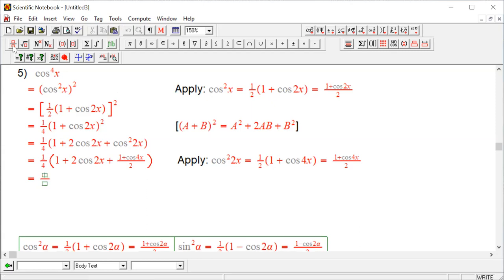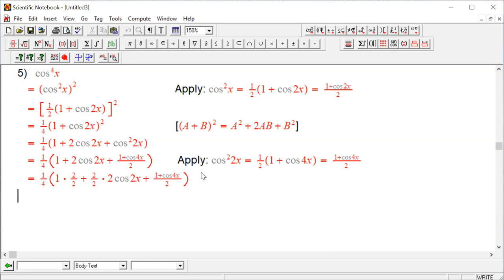So 1/4. Once again, we're going to make a common denominator because we want to factor out the 2. We multiply by 2 over 2, which is 1, and this 1 you can write as 1 multiplied by 2 over 2. This is just to get the common denominator.